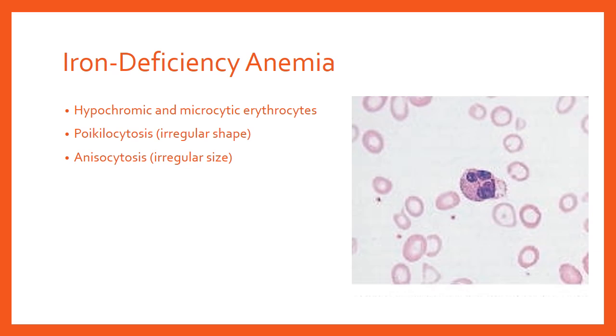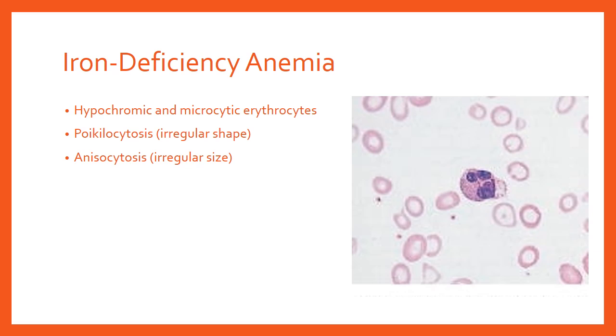Iron deficiency anemia, again, hyperchromic and microcytic, and the cells will look pale and small. Poikilocytosis may also result, irregular shape. Anisocytosis, irregular size. Again, this is just the consequence of not having enough iron or hemoglobin to produce the cells.